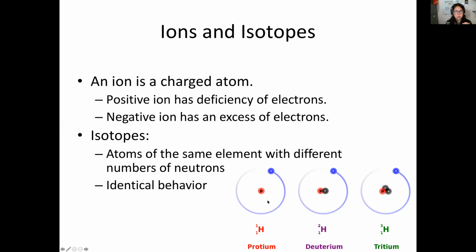It's still hydrogen. 1 proton, 1 electron, hydrogen. 1 proton, 1 neutron, 1 electron, hydrogen. 1 proton, 2 neutrons, 1 electron, still hydrogen. They're all hydrogen atoms, except they have a different number of neutrons, and therefore they become heavier. Remember, protons and neutrons are heavier than electrons, so having extra neutrons makes the atom significantly heavier.